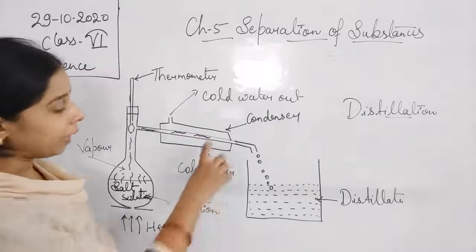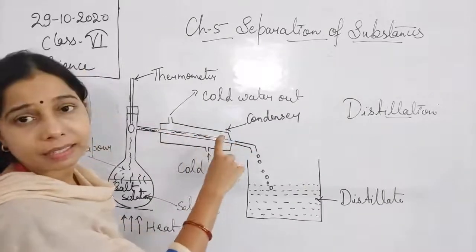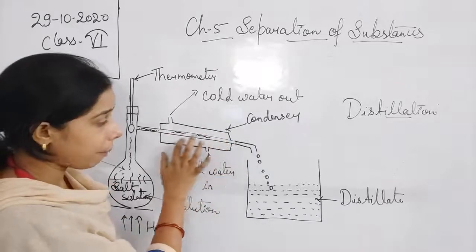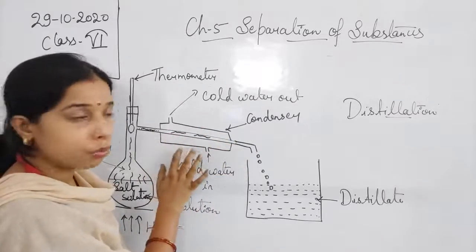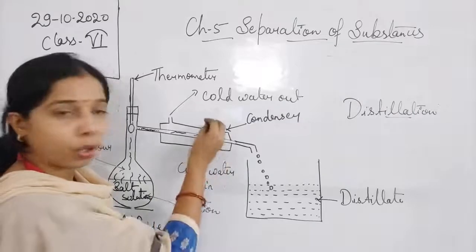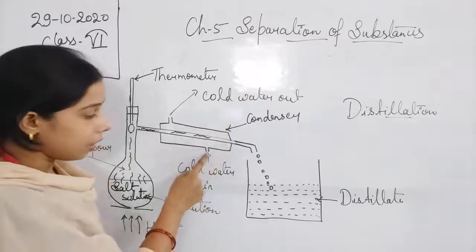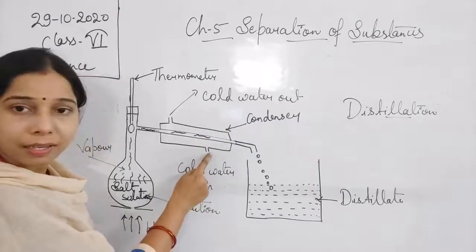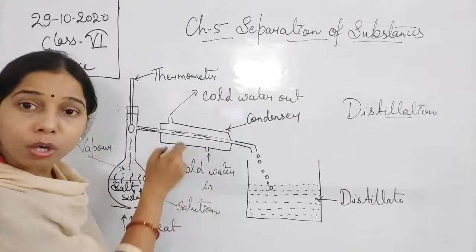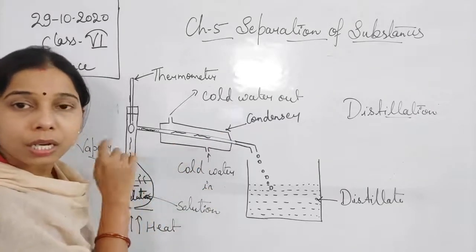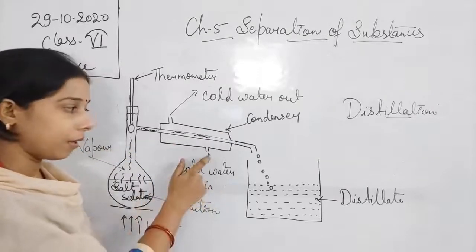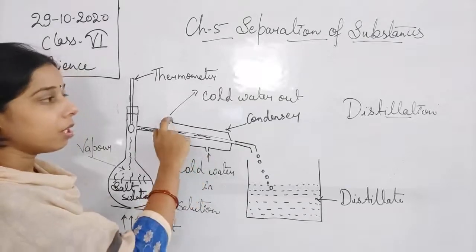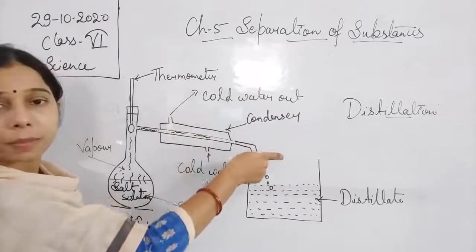Now you see, here a kind of condenser is there, a glass. Already this is a packed one, so the water is not going to enter. But here you see, students, a pipe is there. From the pipe, a continuous supply of cold water is given, and from here the water comes out.